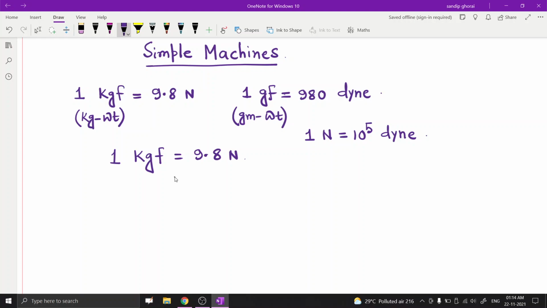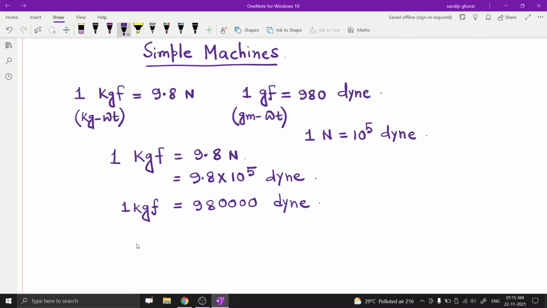So to replace the Newton with dyne, just multiply the value 9.8 with 10 to the power 5 dyne. That means the answer is 980000 dyne. This is the relation between 1 kgf and dyne.